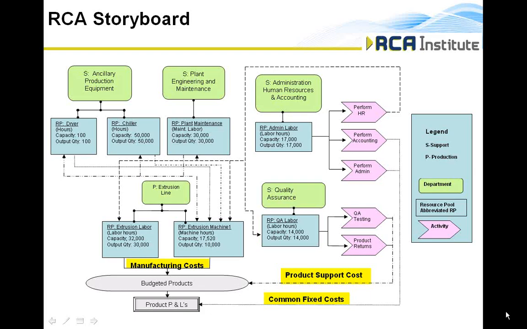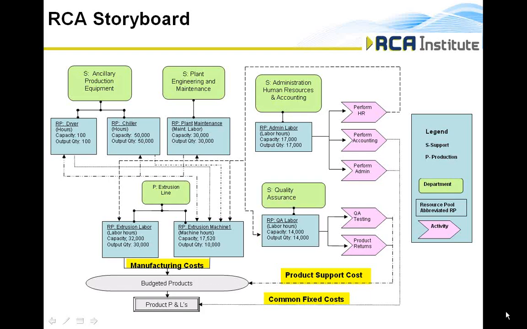This diagram is part of an RCA storyboard for 5 organizational components, which are in green. 4 are support and 1 is production. Notice the P or the S before the title of the block. And there are 7 resource pools or work centers, which are in blue. 5 are support and 2 are production. The pink arrows show where activities are used to assign cost in the administrative and quality assurance area.